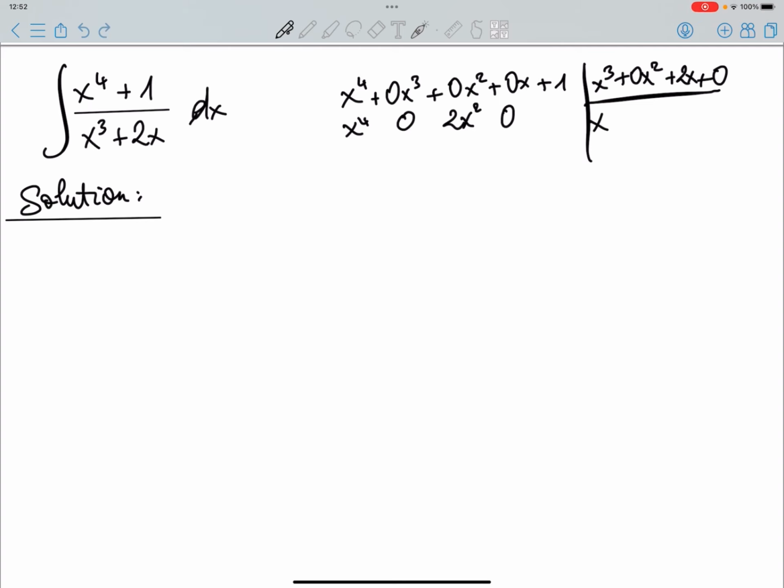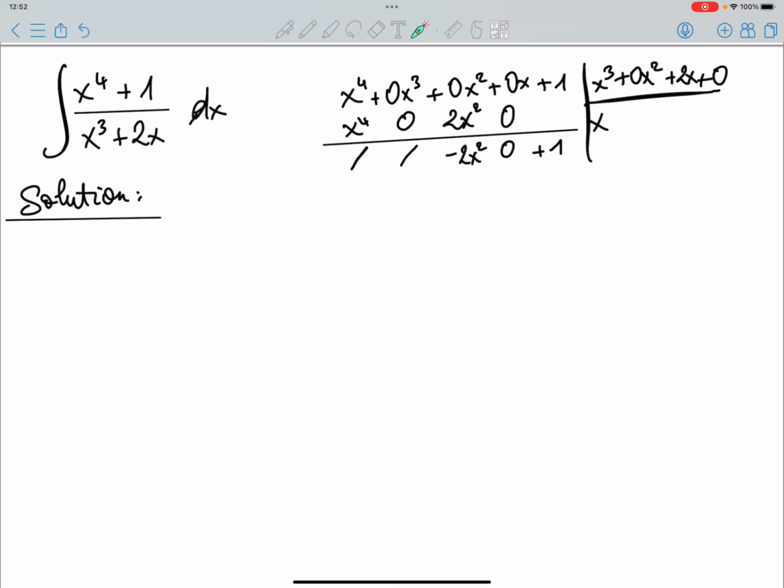Now if we subtract, here we have 1 minus 0, which is 1, so we write plus 1. Then here we have 0. Then we have 0 minus 2x squared, which is minus 2x squared. Here we have 0, and here as well.